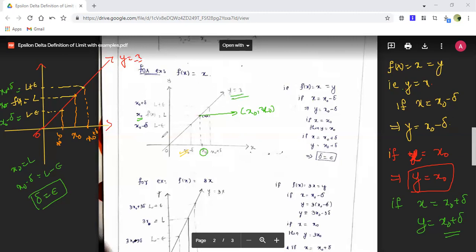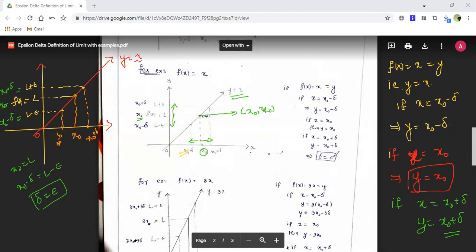Okay, so you can understand now, as your function is moving within this distance to this distance, your f of x naught will be moving from this distance to this distance. That is the verification. And moreover, delta is equal to epsilon in this particular case.